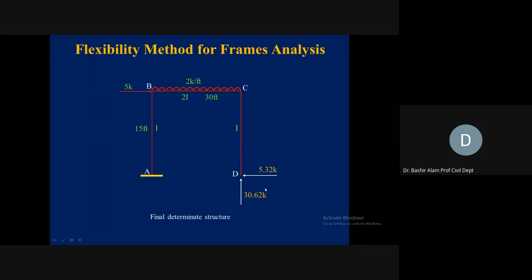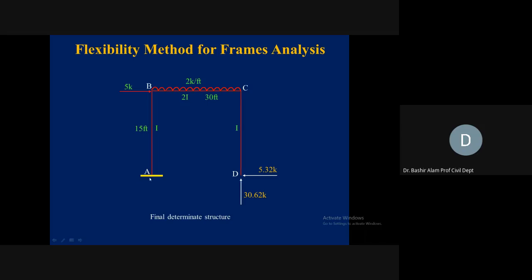The vertical reaction will be 30.62 upward, and 2 times 30, 60, in the downward direction. Means here the reaction will be in the upward direction to balance this 60. We already have this 30.62. So it will become 29.38. This will be the vertical reaction.